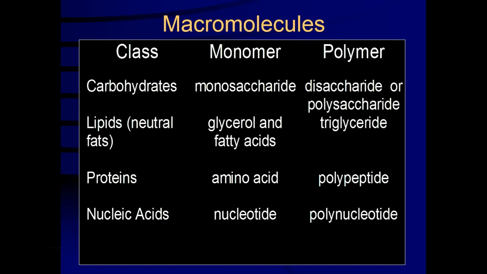Now, there's a reason for this. To become fluent in biology, it's very important that you're able to recognize and recall the names for the different monomers and polymers of organic compounds, because we use them all the time. Not only in this class, but from now on, you'll hear them and see them all over the place.